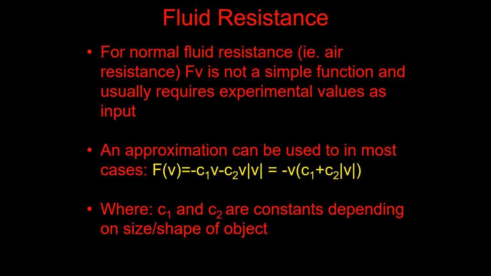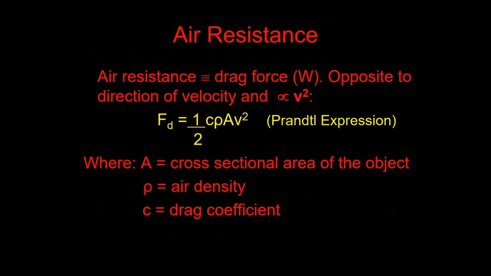Often this relationship is reduced down to one we should have seen before, which is for the air resistance equaling the drag force opposite to the direction of the velocity that we've applied. We should see a drag force of 1/2 C rho A v squared, C being our drag coefficient, rho being, here it says air density, but it could be any fluid density essentially, A the cross-sectional area of the object, and v the velocity. This can sometimes be called the Prandtl expression.